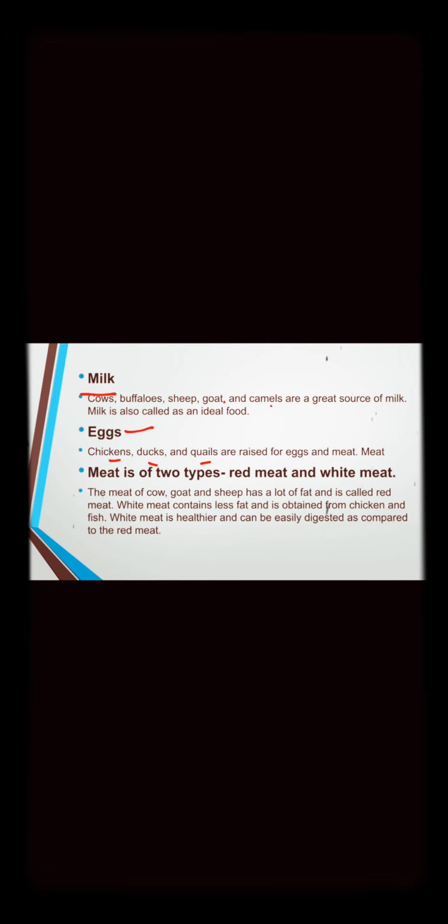There are two types of meat: red meat and white meat. The meat of cow, goat, and sheep has lots of fat and is called red meat. White meat contains less fat and is obtained from chicken and fish. White meat is healthier and can be digested more easily than red meat.